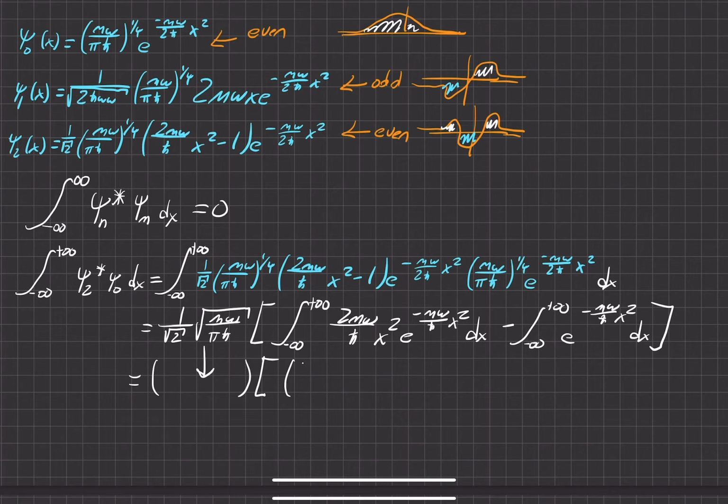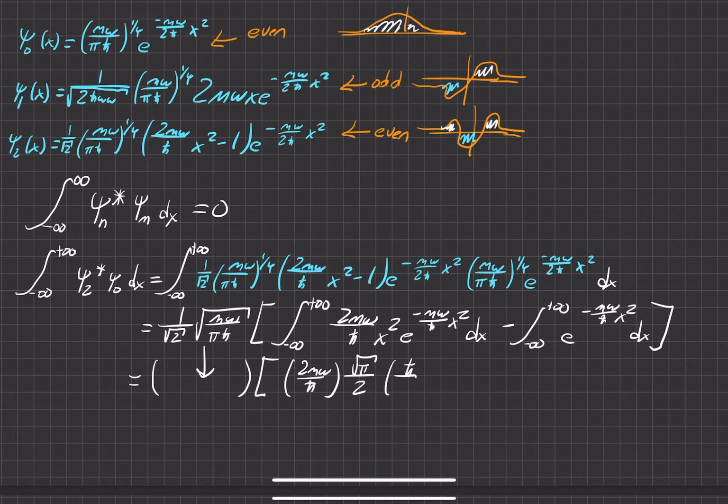Let me pull out the constant from in front of the integral here, and now let's walk through this. For the integral of x squared times the negative exponential, it's always going to be the square root of pi over 2, which was the power term, times the inverse of what's being multiplied by the x squared in the negative exponential.